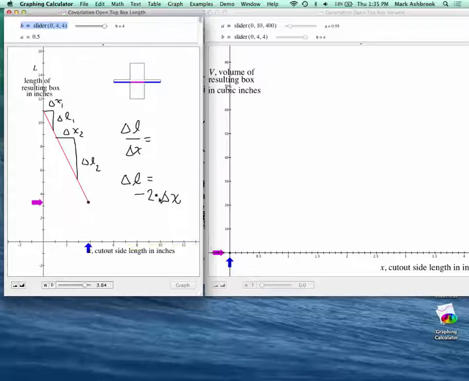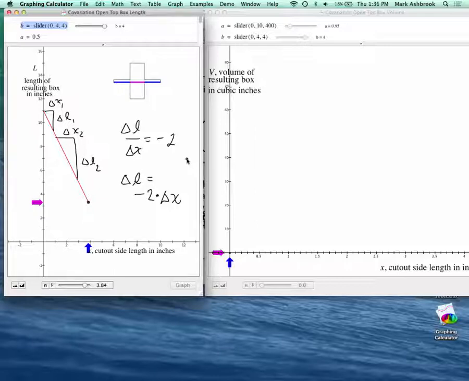To say it decreases by -2 would imply it goes down 2 inches, but it depends on your change in x. It's -2 times as much as the change in x. So that was our constant multiple reasoning. And therefore, the ratio of the change in L to change in x is -2.